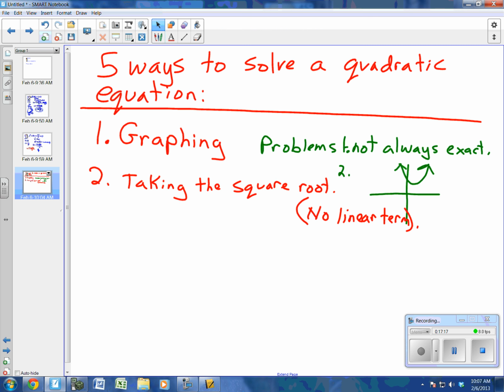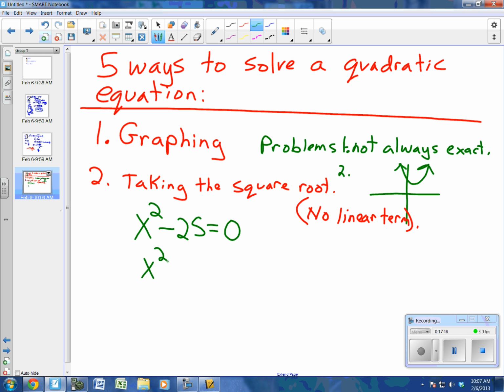For example, let's say I had something like x squared minus 25 equals 0. This is actually the easiest one to solve when there's no linear term. Dean, what do you think I can do to get x by itself right here? Okay, I can add 25 to both sides, right?